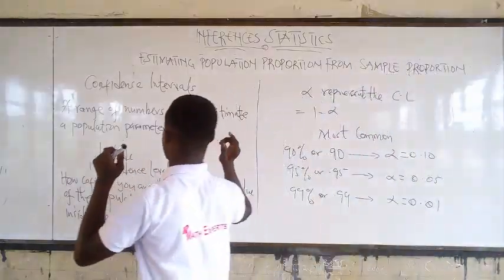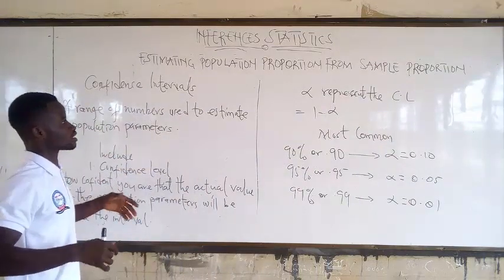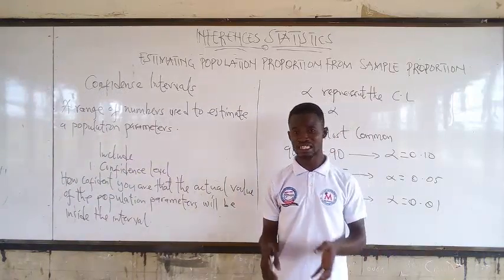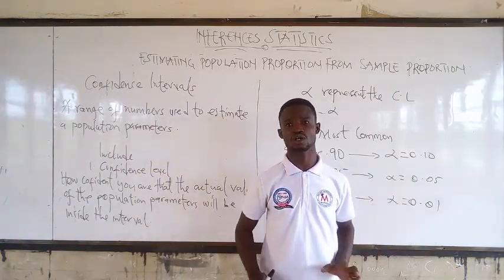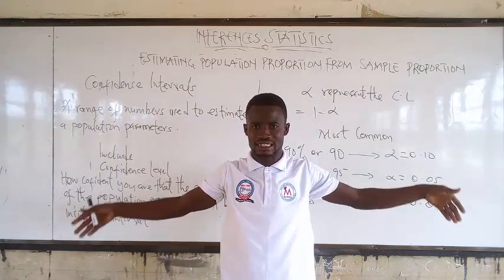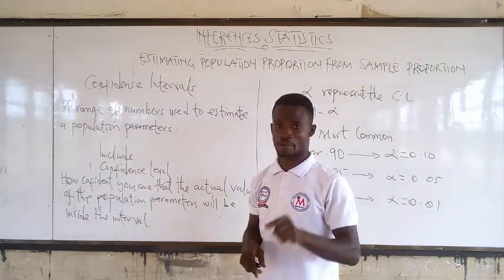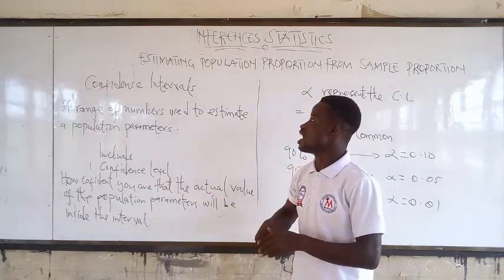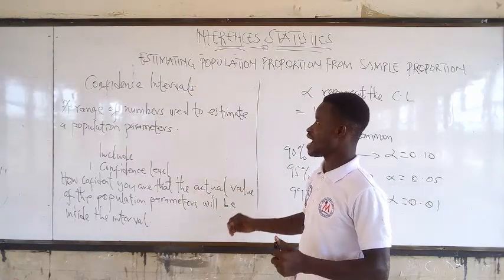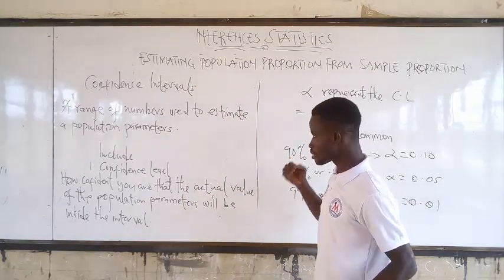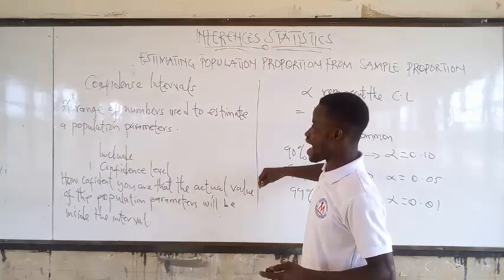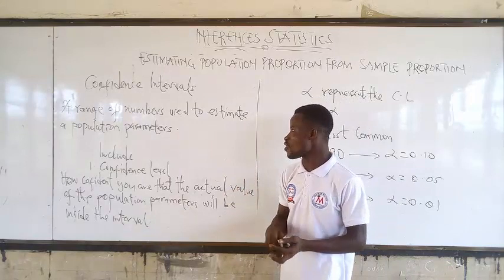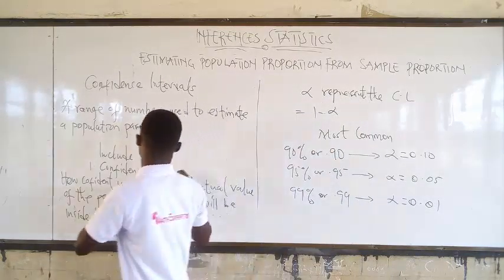Alright, so now our next thing to look at is the confidence interval. Because we are saying that the sample proportion that we have, which is the p hat, we cannot use that to estimate for the whole population proportion. That is why we need the interval. So the confidence interval is a range of numbers used to estimate a population parameter.